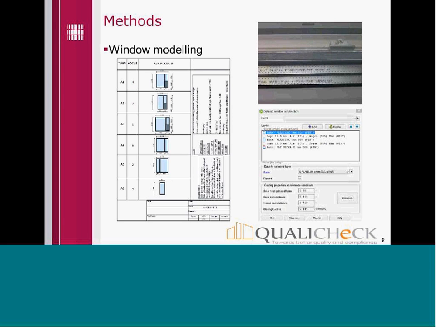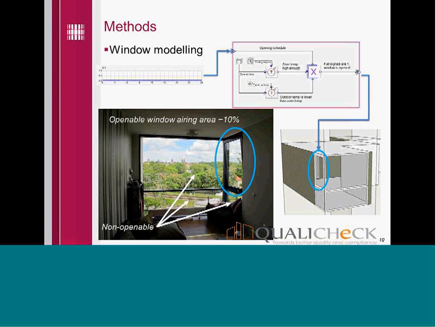In the modeling, it's important that windows are correctly modeled, and this data was checked on site as well as compared to the design documentation, but we tried to use the actual windows installed, and this was carefully modeled in the simulation software to have correct properties of the glazings.